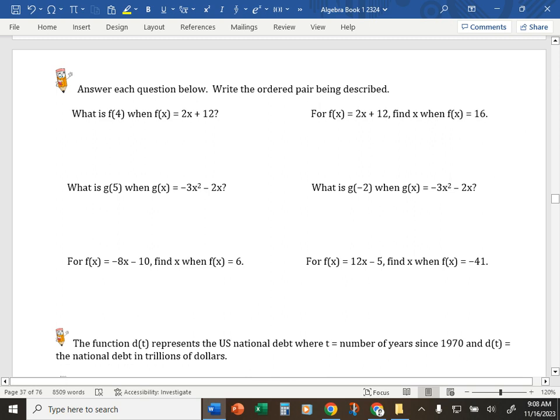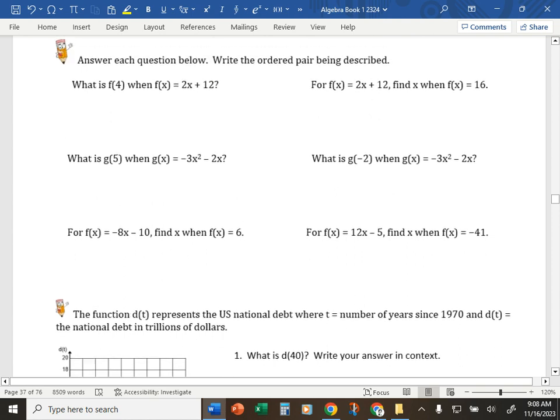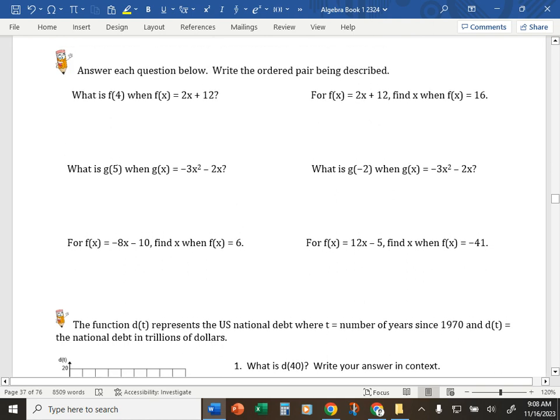We'll do the graphs together on Monday. If you want to try them, you can go ahead, but you don't need to do the bottom part. So for Monday: the rest of the first page, the first 6 on the second page, and save the graphs for Monday. All right. Questions, comments, concerns?